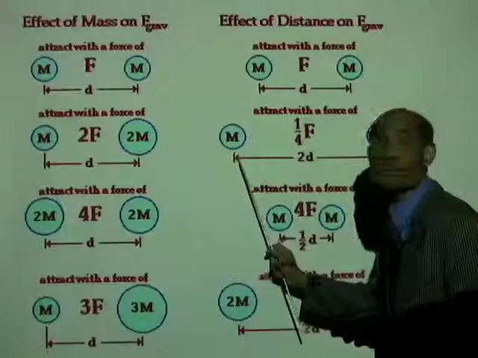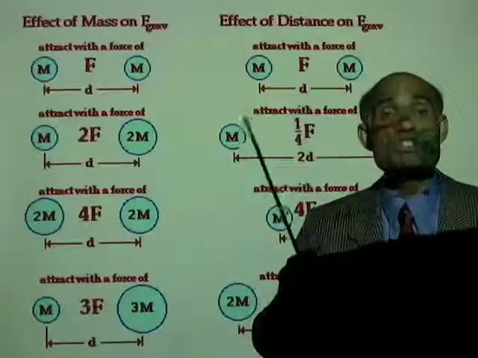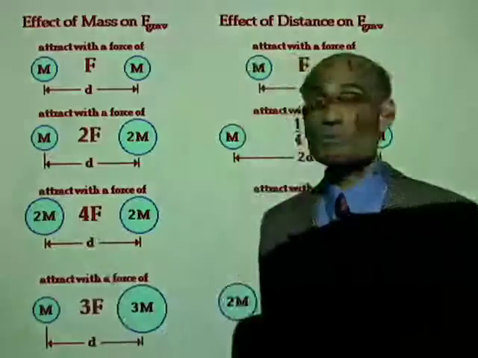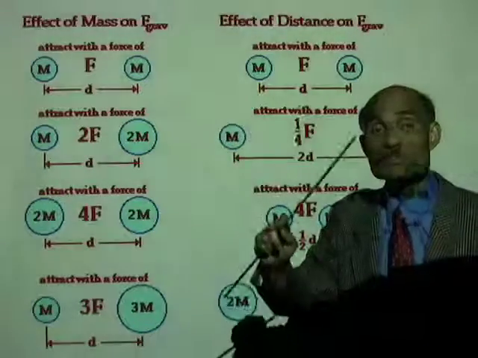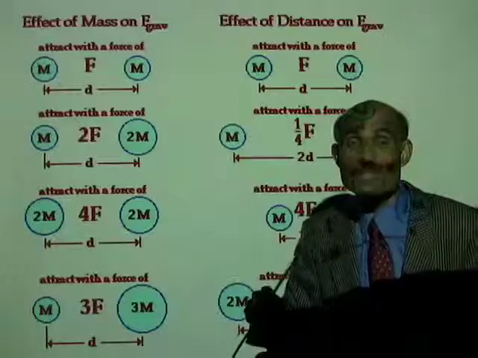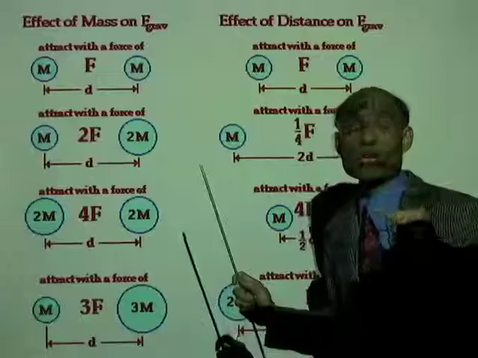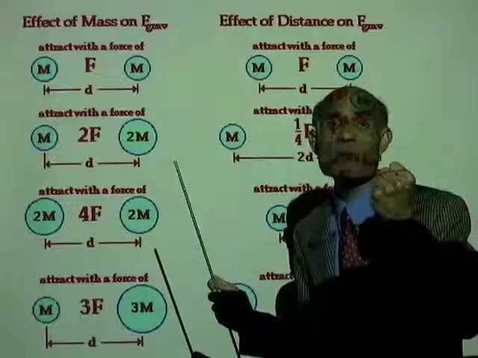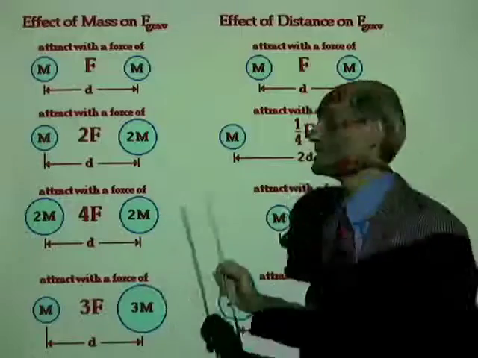What happens if you increase the distance to 2d? The distance is doubled. Now remember, in the formula for F, d is squared in the denominator. That means when the distance is doubled, the force will become 1/4 of the original force.